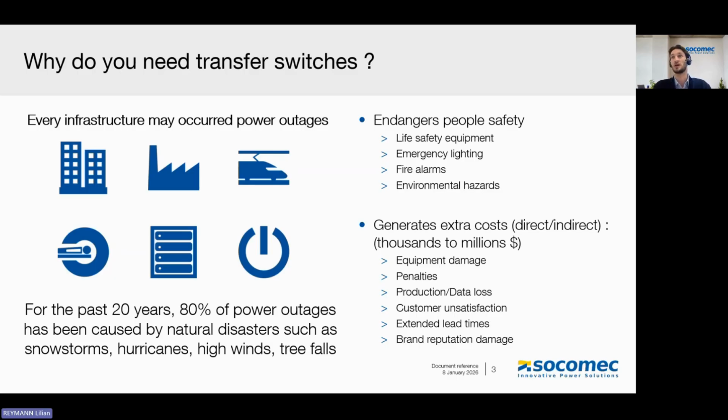It generates extra costs, direct and indirect, which can range from thousands to $1 million, such as penalties, production or data loss in the case of data centers or large factories, customer dissatisfaction, and extended lead time in some cases. But the most important thing is that it can endanger people's safety.